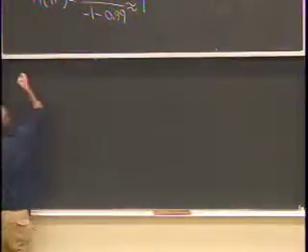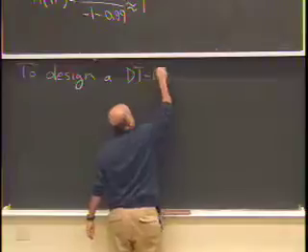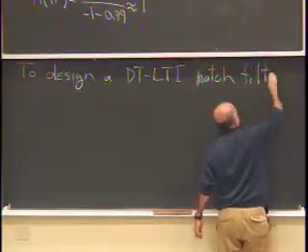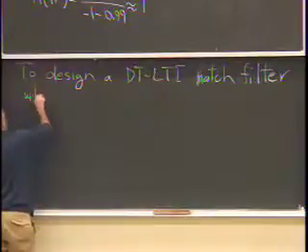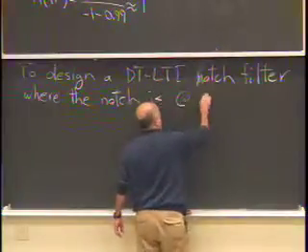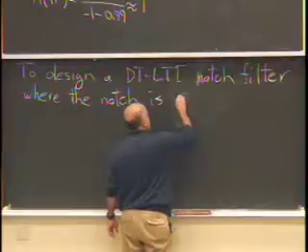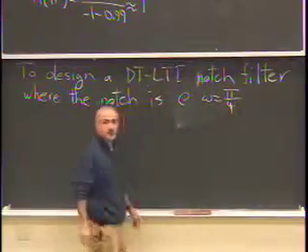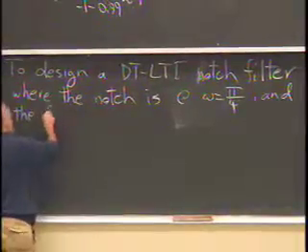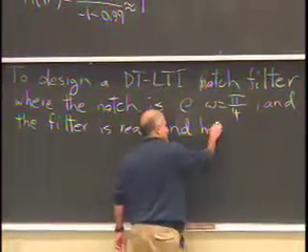So what if, let's say, to design a discrete time LTI filter, notch filter, where the notch is at omega equals pi over 4, and the filter is real, and has the lowest order?